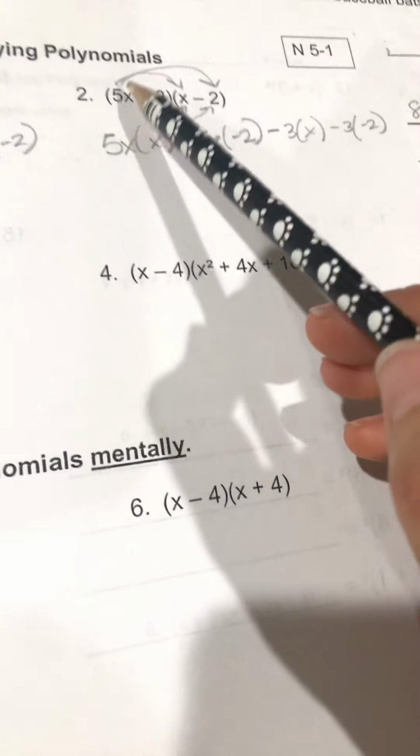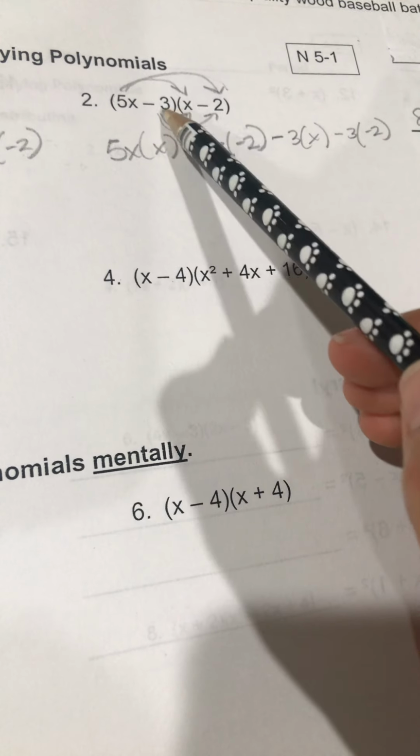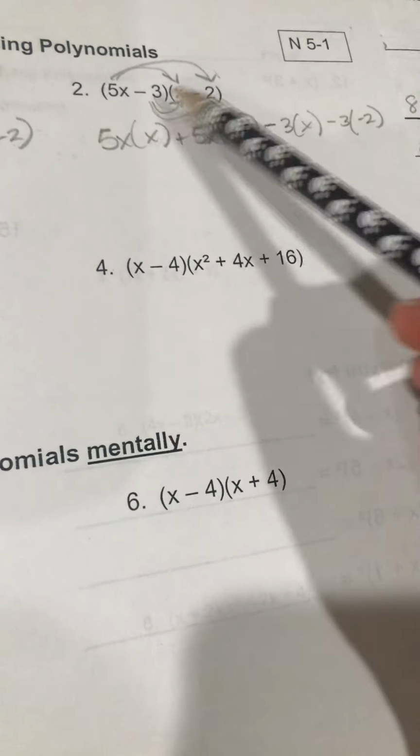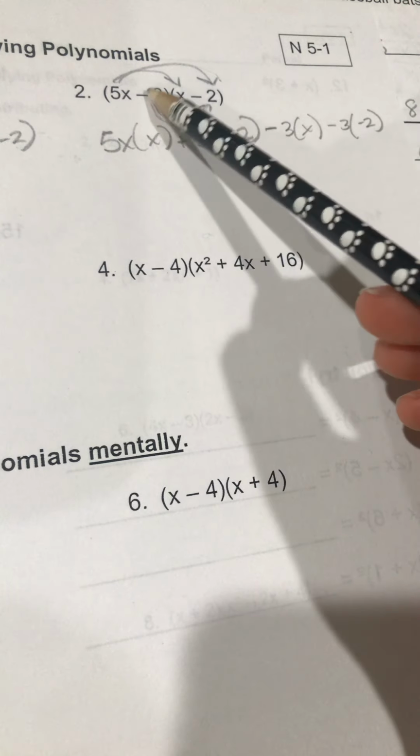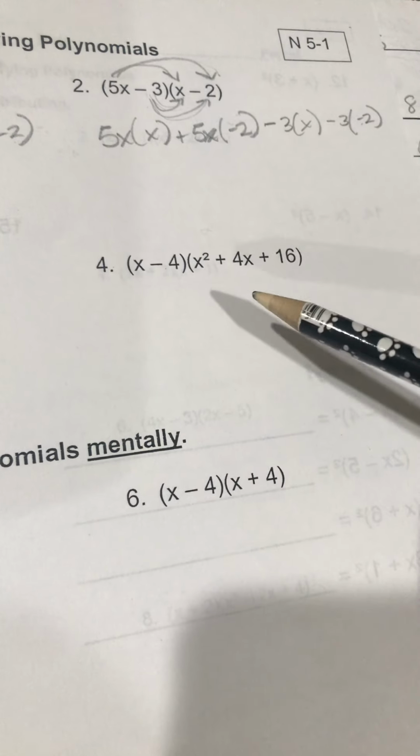Okay, so I'm just doing 1, 2, and then 1, 2. Negative 3 times x and negative 3 times negative 2.